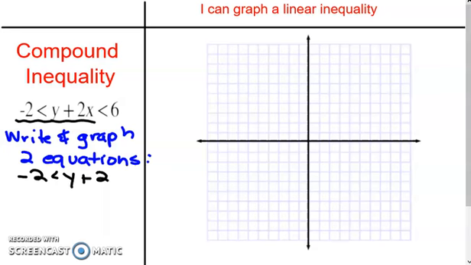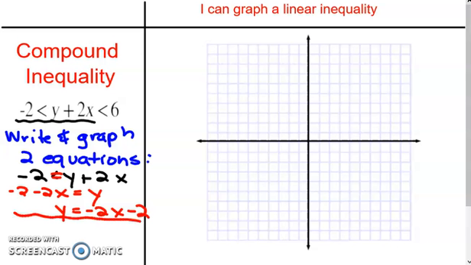If I solve for y here, I'm going to change this to equal, because really all we care about is the equation. I'm going to solve for y by minusing 2x from both sides. So positive 2x became negative 2x on the left. And if I switch this around, this is just the same as y equals negative 2x minus 2. So that's that left equation.